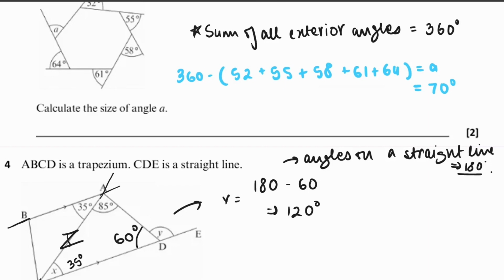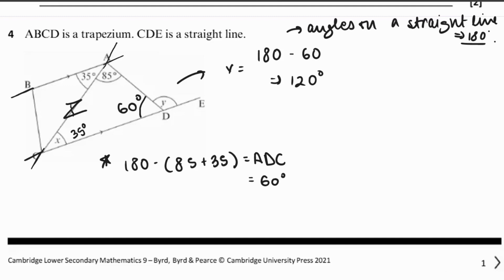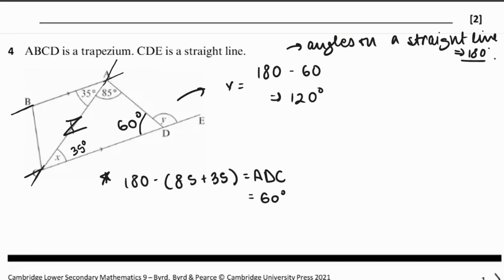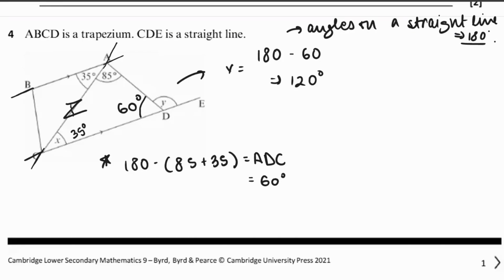Okay, moving to question number 4. ABCD is a trapezium, CDE is a straight line. Oh, nice. So there is this one property of a trapezium, which is that one pair of sides are equal, sorry, not equal, they are parallel. And we can also see in the diagram that two arrows showing those parallel sides are shown.